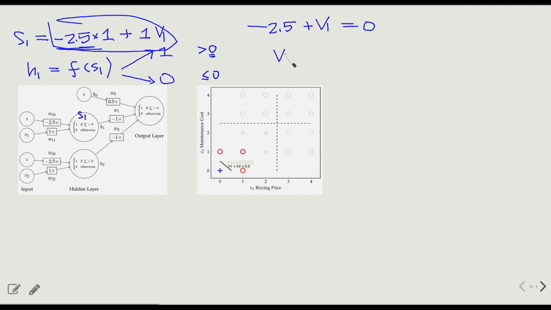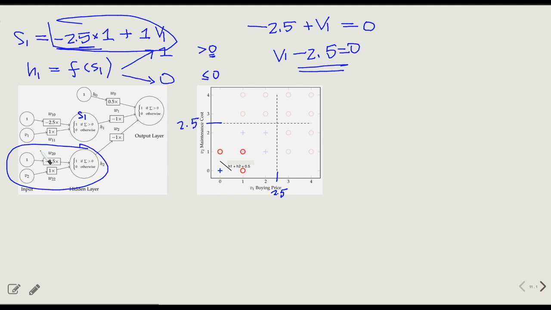Or I can say V1 minus 2.5 equal to 0, which creates the cutoff at 2.5. So this is the same as the visualization here, where you have the cutoff at 2.5 for V1. V2 is the same. So this transformation also creates a cutoff at 2.5 here.